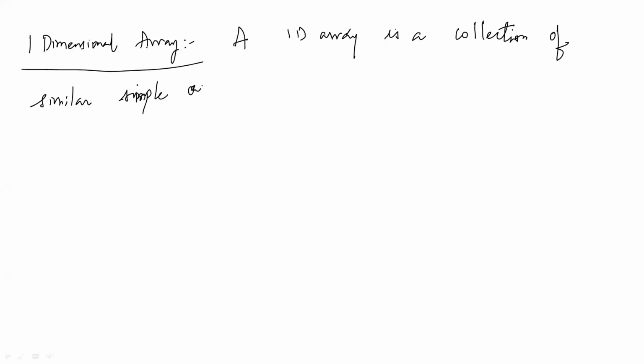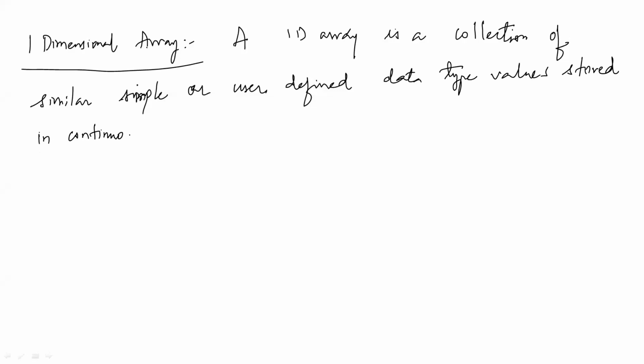A 1D array is a collection of similar simple or user-defined data type values stored in continuous memory locations sharing a common name.